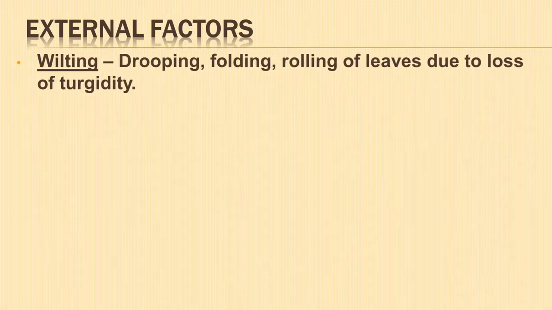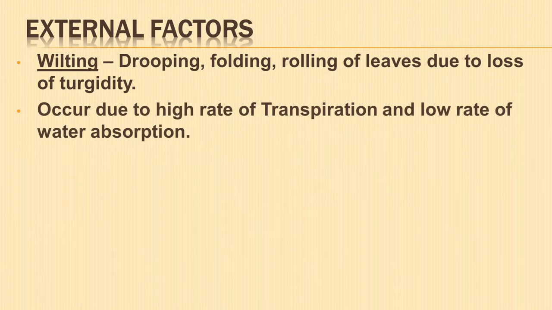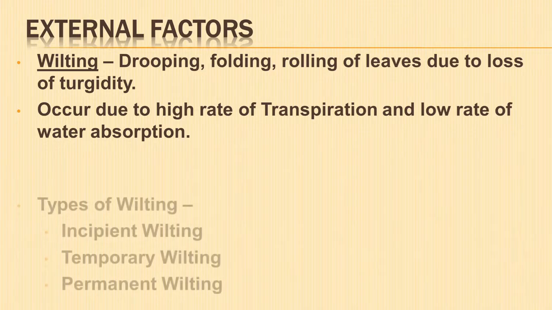Wilting is defined as the drooping, folding, or rolling of leaves and young stems due to loss of turgidity. It occurs due to high rate of transpiration and low rate of water absorption.